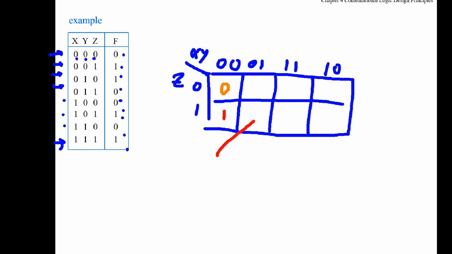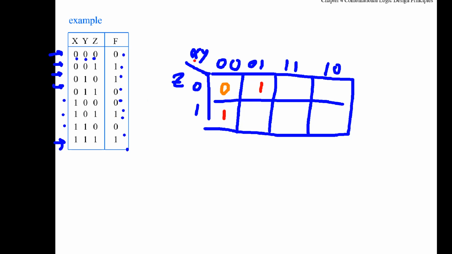You just write the output value in the cell. How about this one? For this cell, the input is 0, 1, 0. Output is 1.